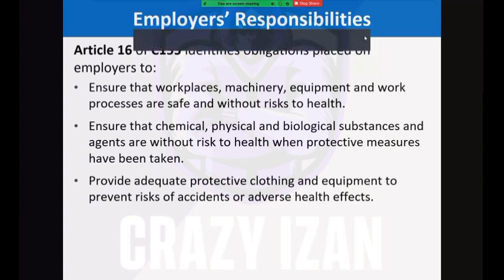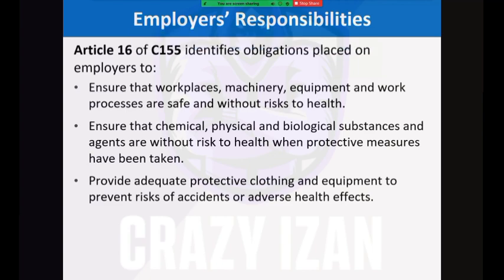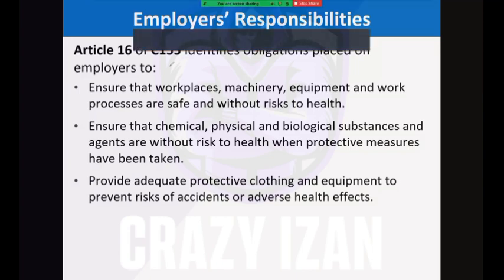And as per Article 16 of the C-155 Convention, it identifies obligations placed on employers to, number one, ensure that the workplace, machinery, equipment, and work processes are safe and without risk to health. Okay. So in this one sentence, we have defined many responsibilities.